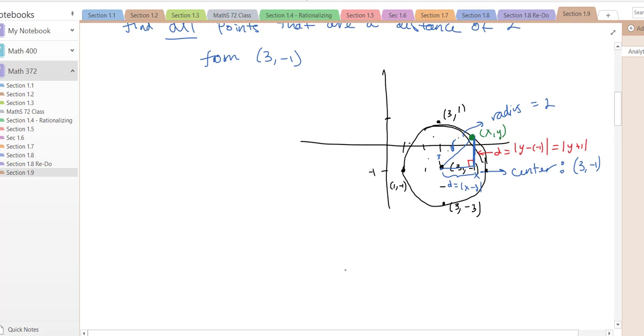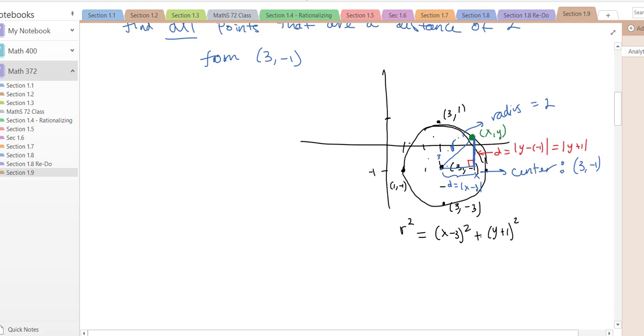So I can use the Pythagorean theorem, or you can think about the distance formula from the center of the circle to the point x, y. I'm going to have r squared, the hypotenuse, equal to x minus 3 squared, this quantity, plus y plus 1 squared.